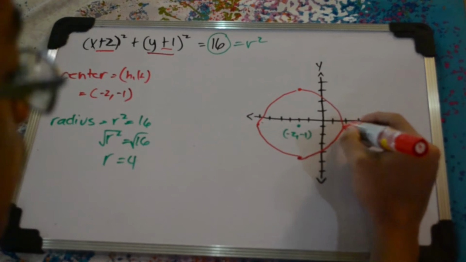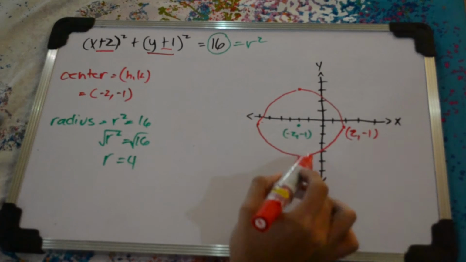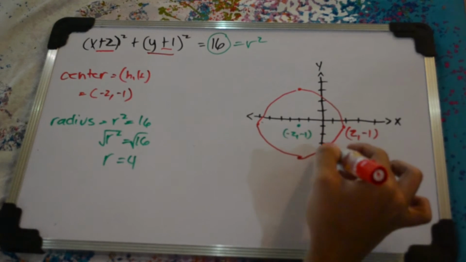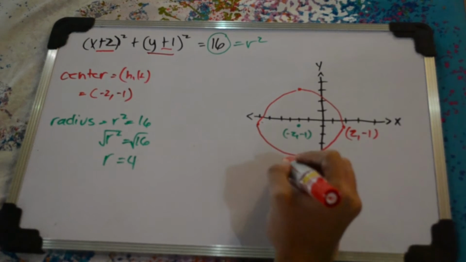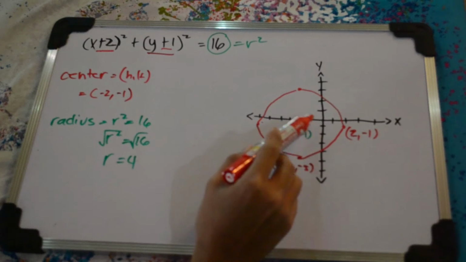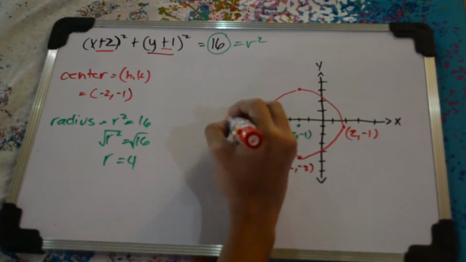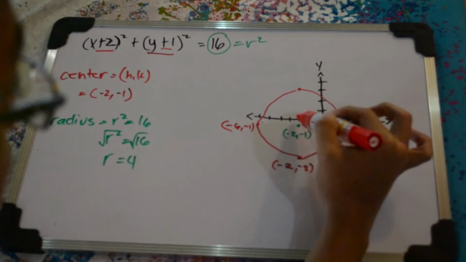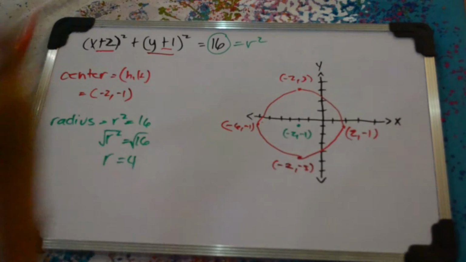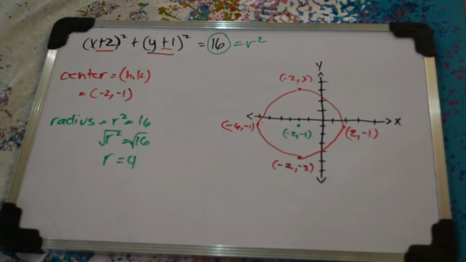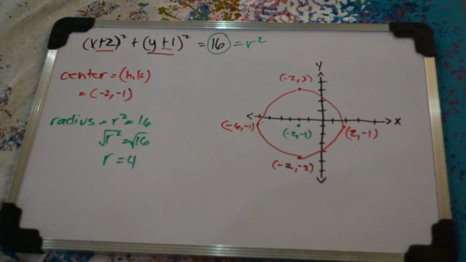So it is (2, negative 1), this one is (negative 2, negative 5), this one is (negative 6, negative 1), and then (negative 2, 3). Now you have the circle given by the equation (x plus 2) squared plus (y plus 1) squared is equal to 16.